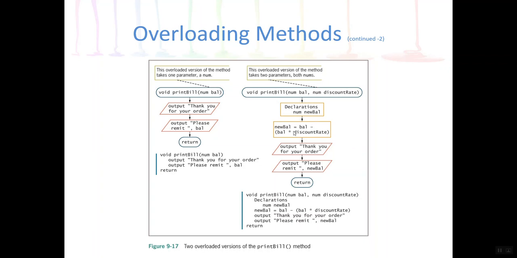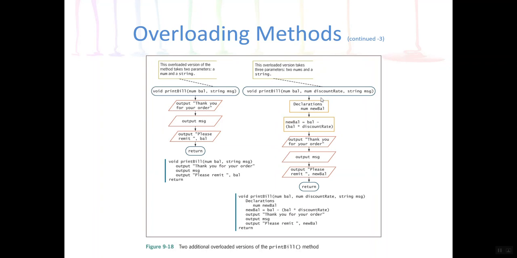The discount is used to calculate a new balance, and that new balance is what's used to indicate the balance to the user. So the interesting thing is this is allowed. We can have multiple methods with the same name in the same program as long as the parameter lists differ.